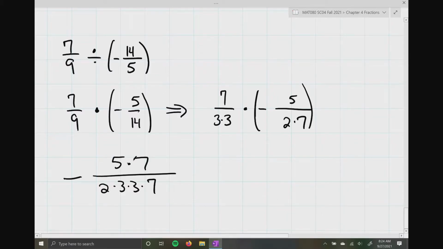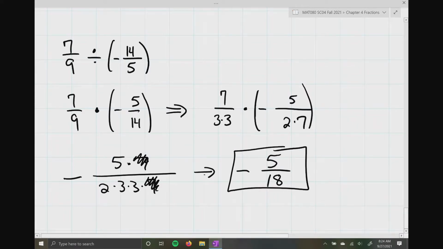So I'm just going to scratch out the 7's and write my final answer as negative 5 over, what is that? 2 times 3 is 6. 6 times 3, 18. So my answer is negative 5 over 18.